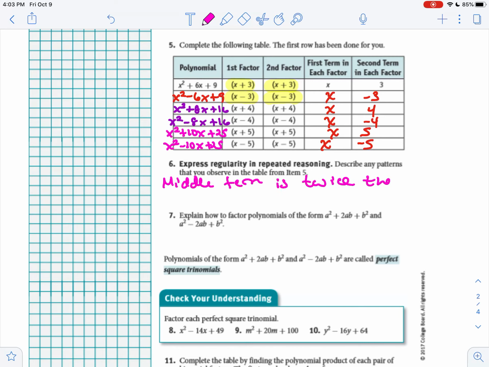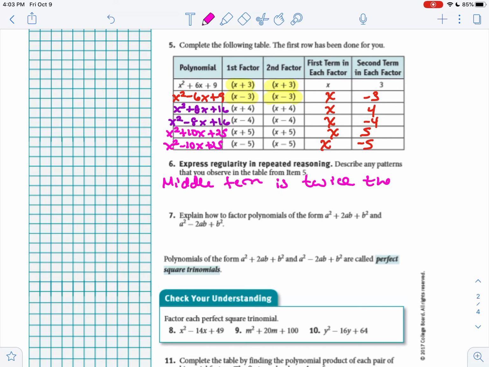So our official rule for perfect square trinomials is if you take a squared plus 2ab plus b squared, and you also have a squared minus 2ab plus b squared, all we have to do is write the two factors. For the positive one, you're going to have a plus b times a plus b, because you always double the a times b.